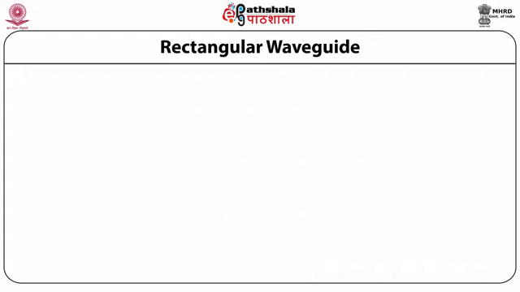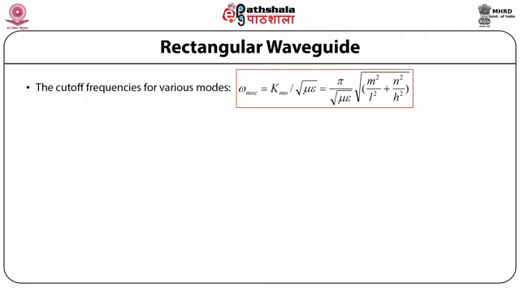Rectangular waveguides. Now, after having found the relation for capital K squared subscript mn, we can write down the relation for the cutoff frequency for various modes, given by omega subscript mn c is equal to capital K subscript mn upon under root of mu epsilon, and this is equal to pi by under root of mu epsilon whole times under root of (m square by L square plus n square by h square).